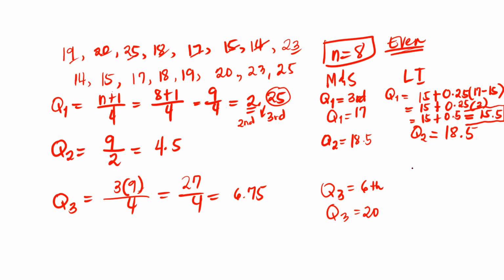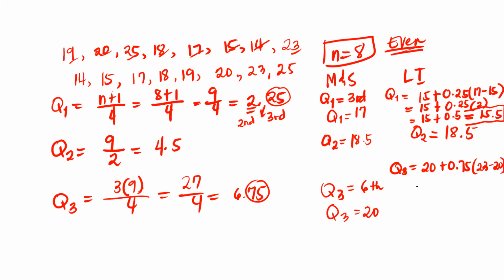So, let us have yung third quartile. Yung third quartile natin is yung sixth term. Ano yung sixth term natin? That's 20 plus yung 0.75 times 23 minus 20.